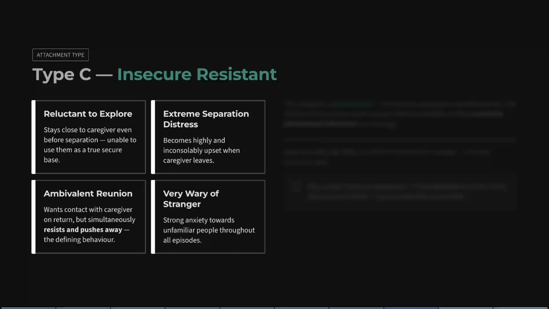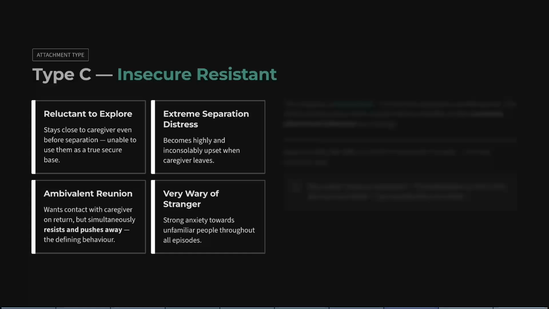They're unable to use them as a true secure base because they cannot settle enough to feel safe moving away. The attachment system is already activated even without a stressor. When the stranger enters, very strong stranger anxiety occurs.